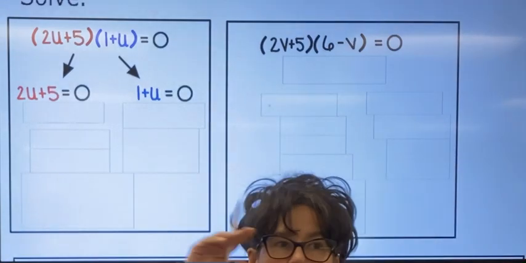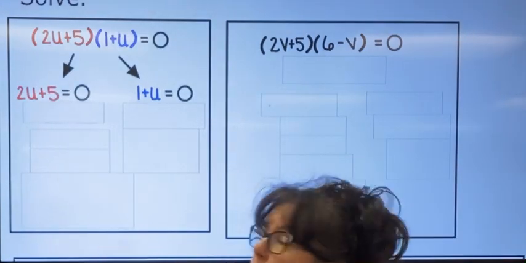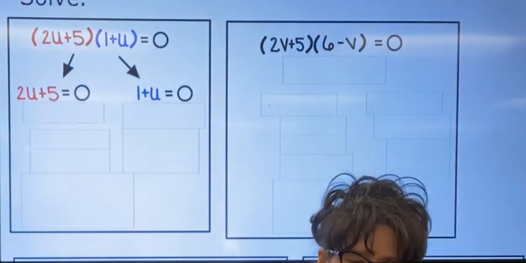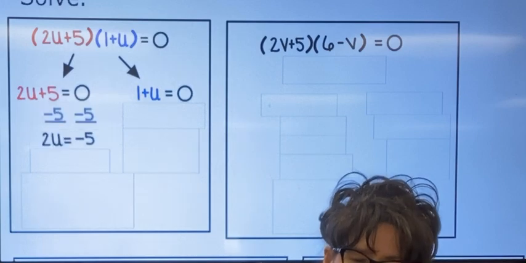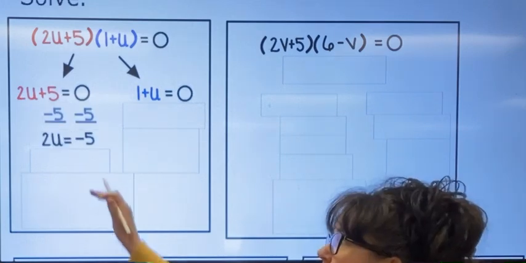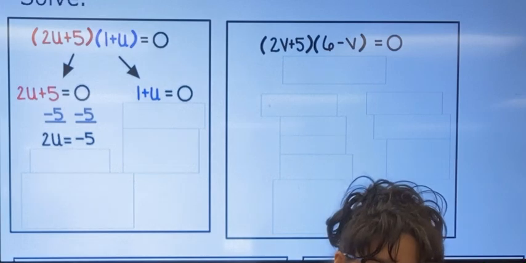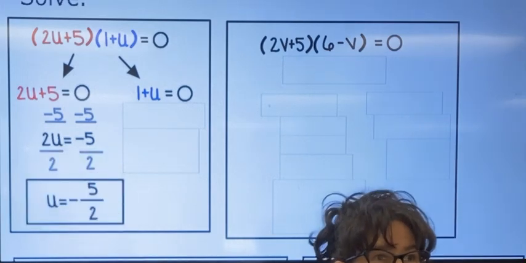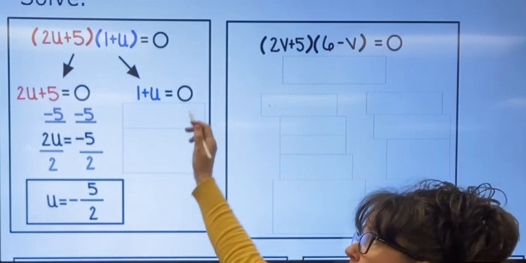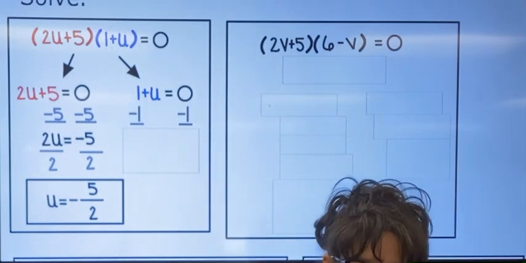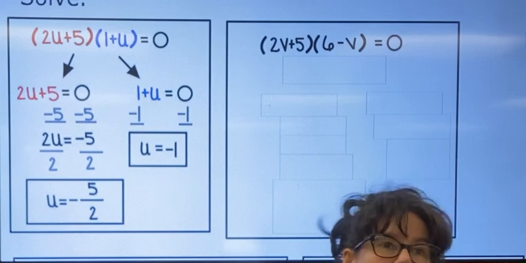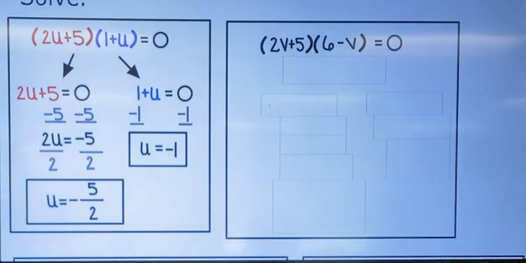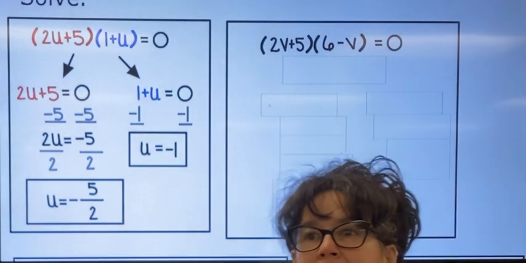So if I solve these little mini equations, I would subtract 5 from both sides, and then I have 2u equals -5. Then I'm going to get rid of times 2 by dividing, and I end up with u is equal to -5/2. This one right here, I subtract 1 from both sides, and I find that u is equal to -1.